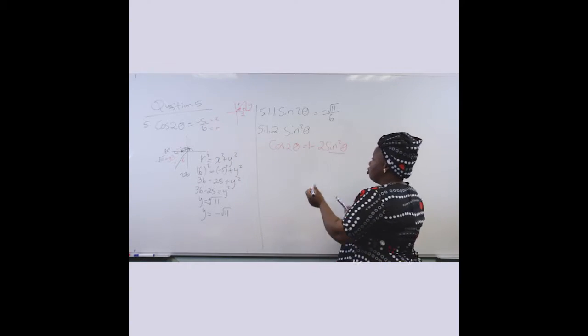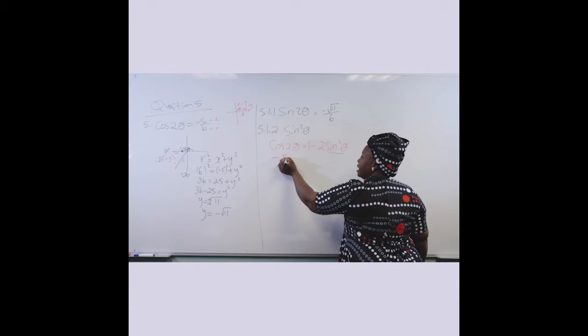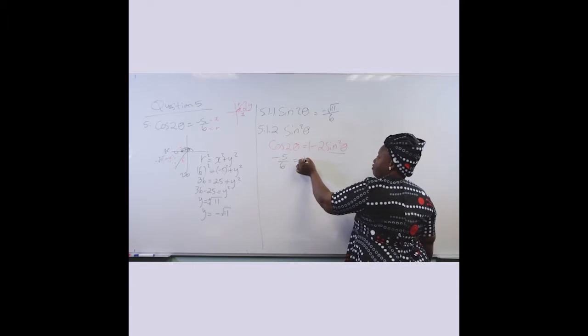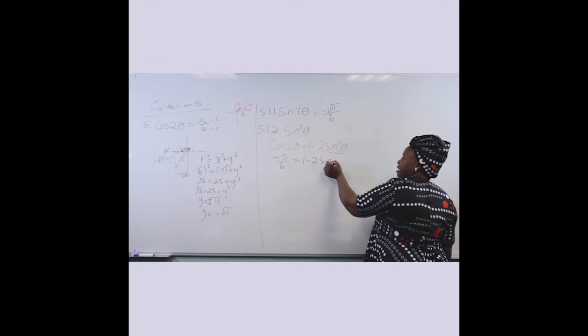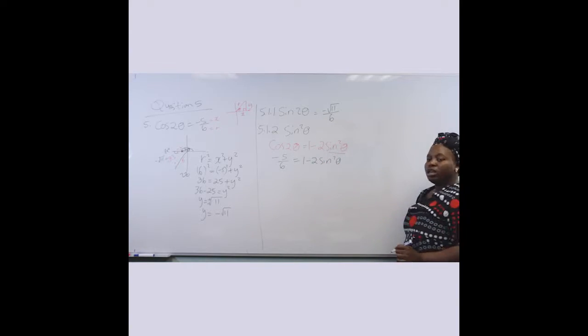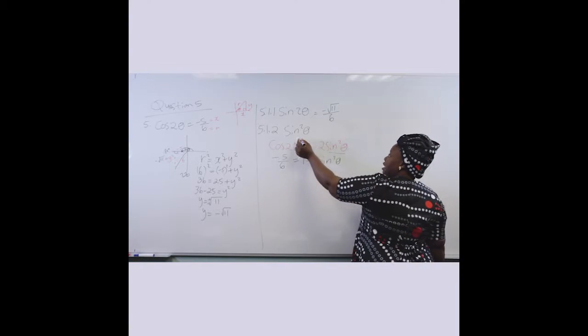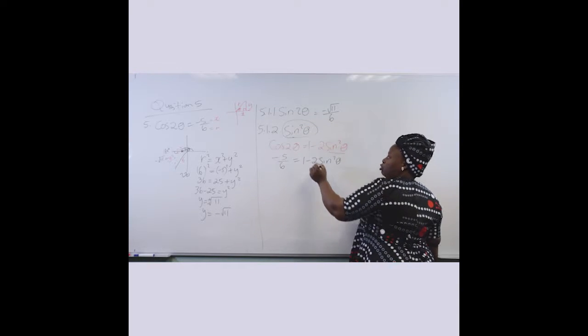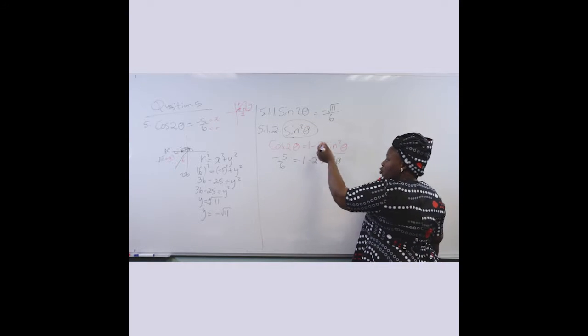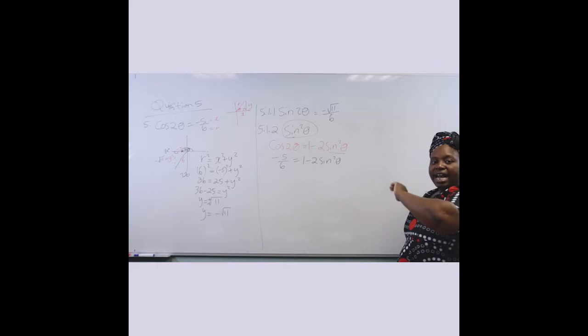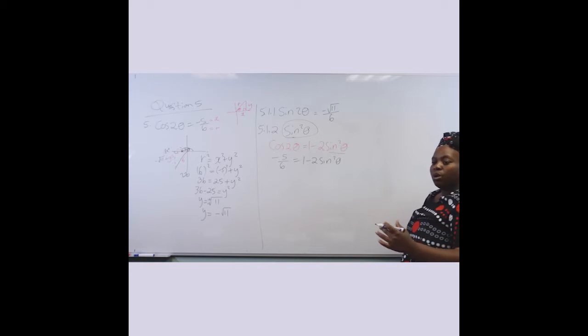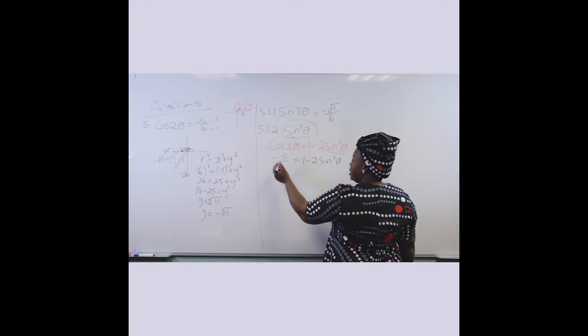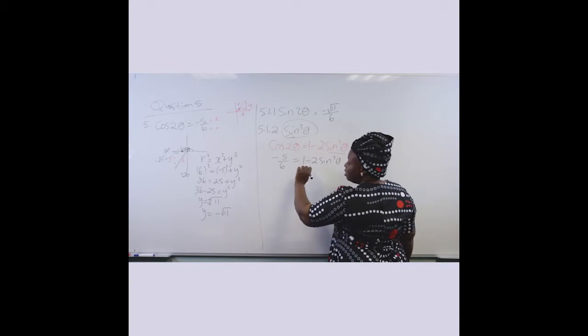So that's what I'm going to do. I'm going to substitute it by negative 5 over 6, and I have 1 minus 2 sine squared theta. Remember, we are looking for sine squared theta. So this is our key where we want to go. Okay, so we'll have to work it out, play it around until we have sine squared theta equals something. So let's take the 1 to the other side.